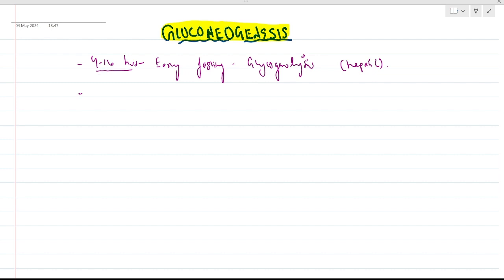Then there is 16 to 48 hours. This is the fasting phase. That was early fasting, this is the fasting phase. Here, in the 16 to 48 hours phase of fasting, gluconeogenesis takes place.